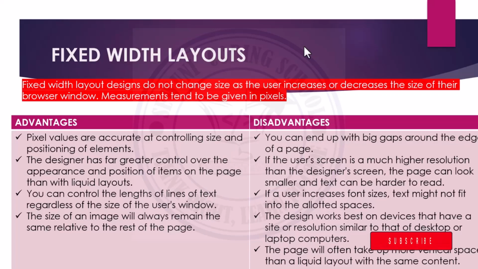You can also control the length of lines of text regardless of the size of the user's window. And the last is the size of an image will always remain the same relative to the rest of the page, because you are using what? You are using fixed layout.